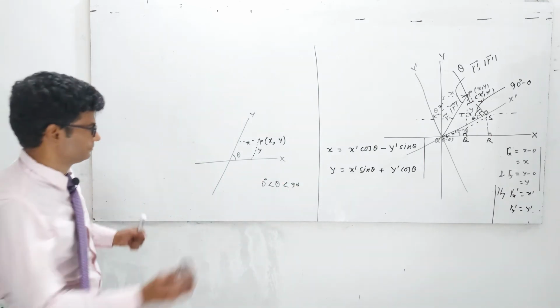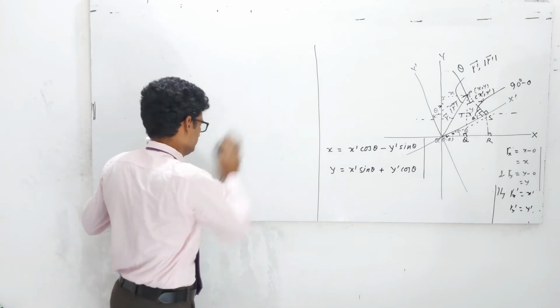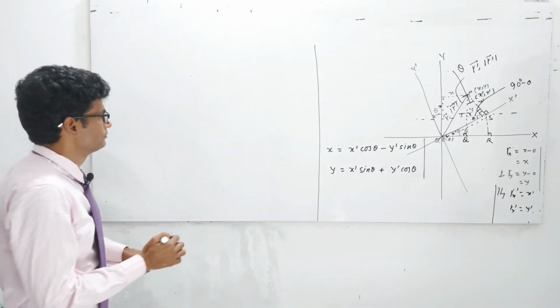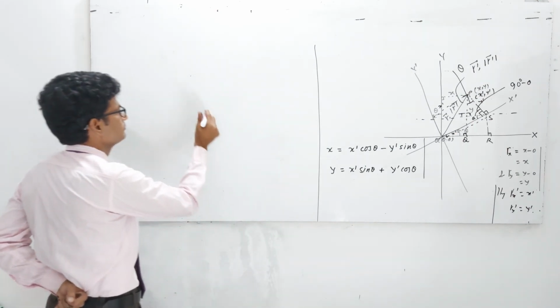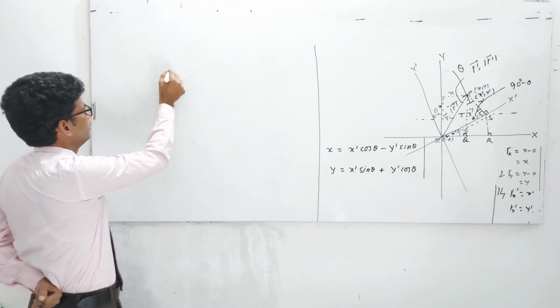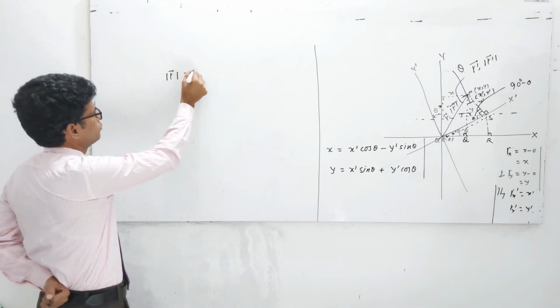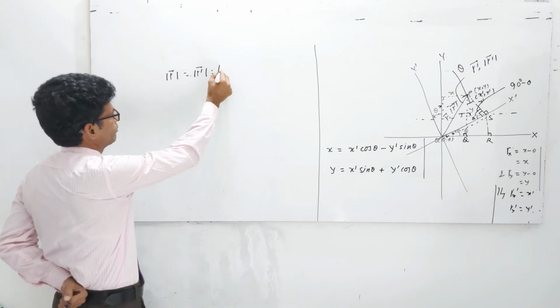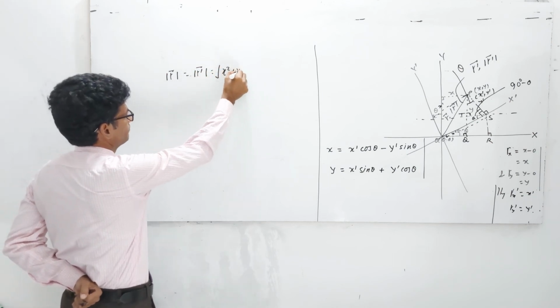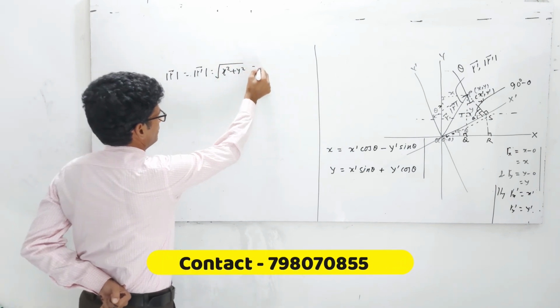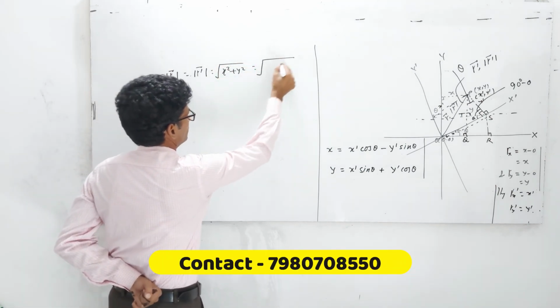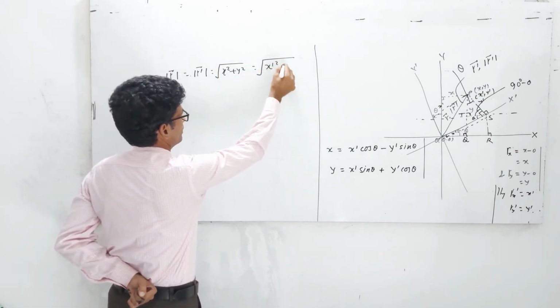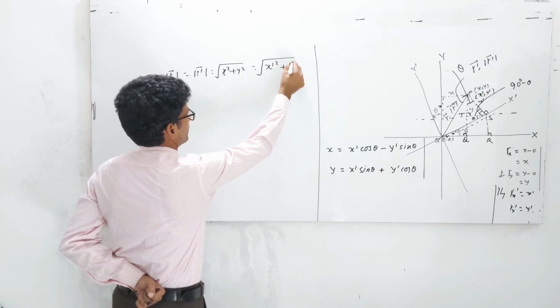Now look at here. Mod r is equal to mod r prime, which is equal to square root of x square plus y square, which is equal to under root x prime square plus y prime square.